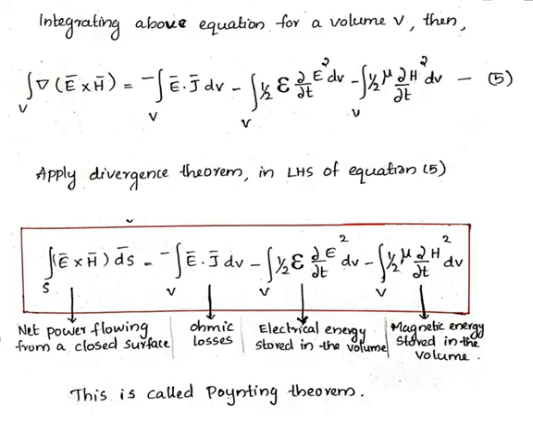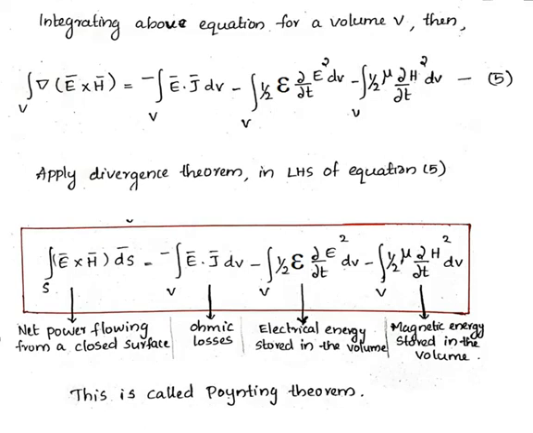Then, integrating the above equation over a volume V, the equation becomes volume integral of del dot E cross H is equal to minus volume integral of E dot J dV minus volume integral of 1 by 2 epsilon dou by dou t of E square dV minus volume integral of 1 by 2 mu dou by dou t of H square dV.